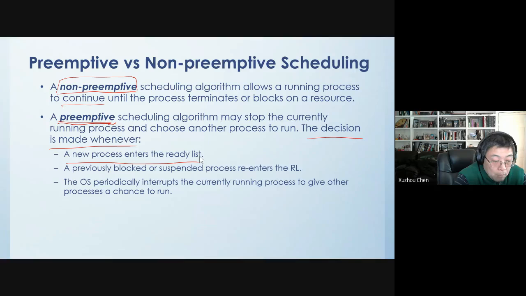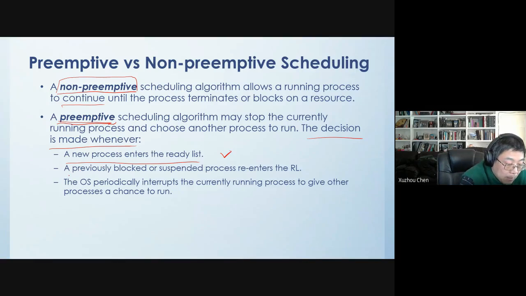For whatever reason, this new process is more important than the process currently in the CPU. So the scheduler decides, I'm going to take you away from the CPU and load the new process. This is one case where the decision is made.